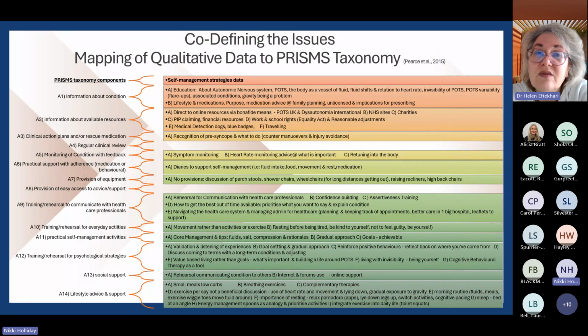So we took out the qualitative data that were within the interviews for supportive self-management, and we mapped it to a taxonomy, the PRISMS taxonomy, which has 14 components of potential supportive self-management. Not all of them came out in the interviews, but quite a number of them did. And you can see there, again, I won't go through all the details, but there were a number of different aspects to supportive self-management that people brought out. So these were the co-defining the issues about what sort of support people might need in a self-management intervention.